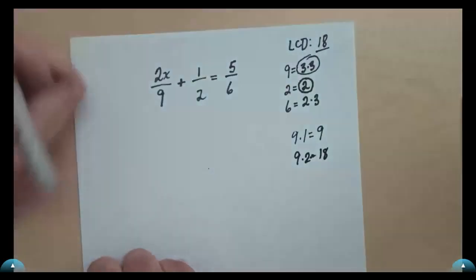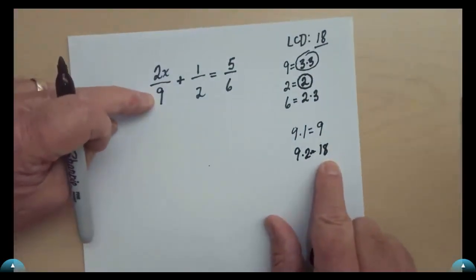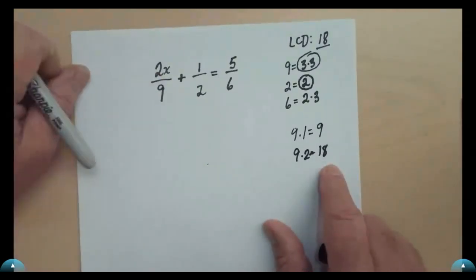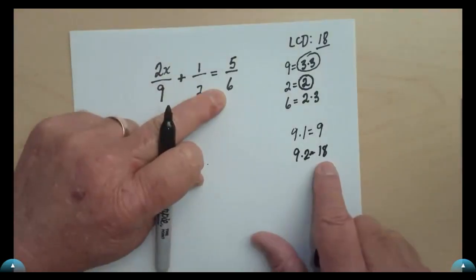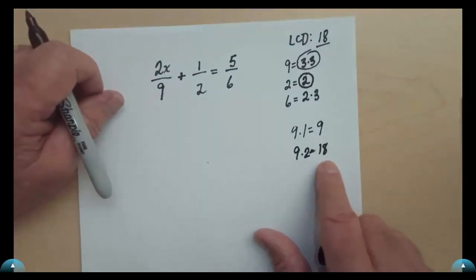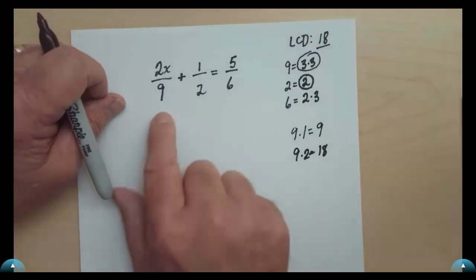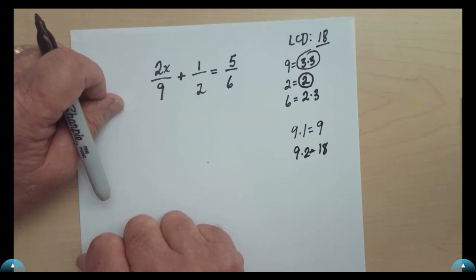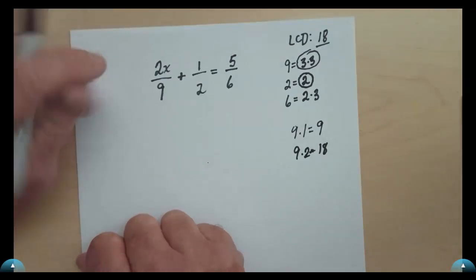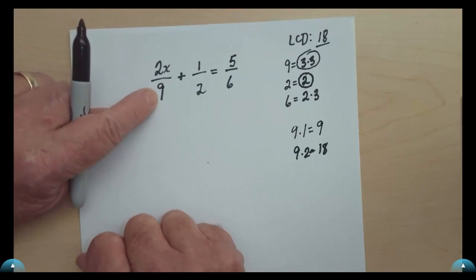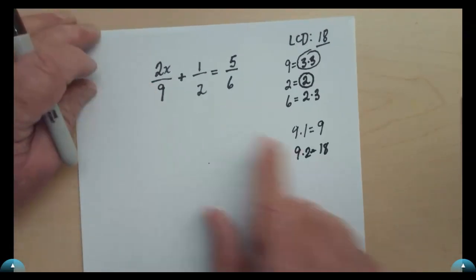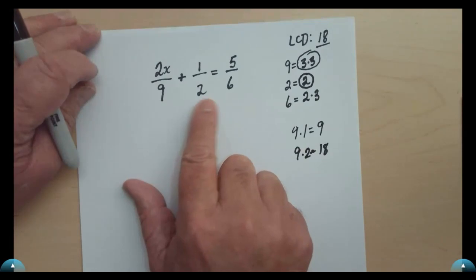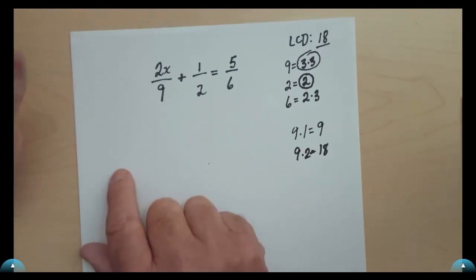That's what we need because 9 divides into 18 2 times, 2 divides into 18 9 times, and 6 divides into 18 3 times. Then 18 is the smallest number that all of these divide into. Do y'all see that? So you start with the biggest denominator and look at each multiple of it until you find the first one that your other denominators also divide into evenly. Everybody with me?